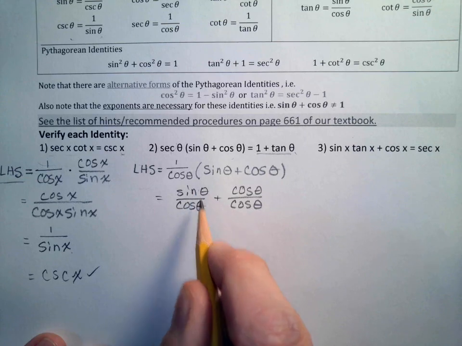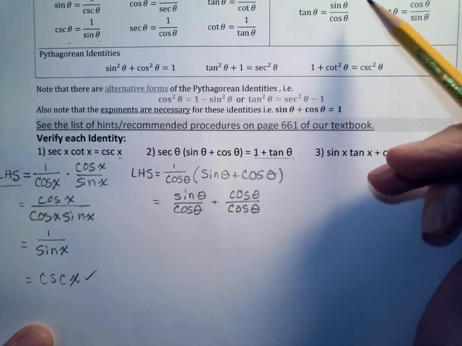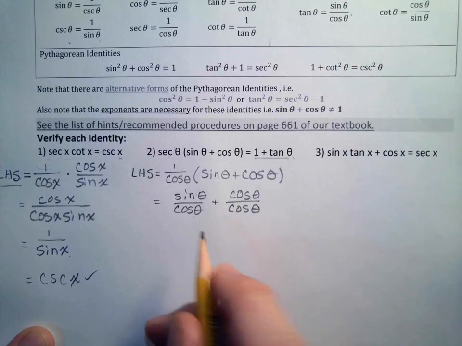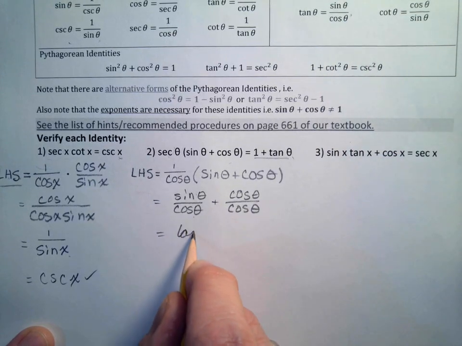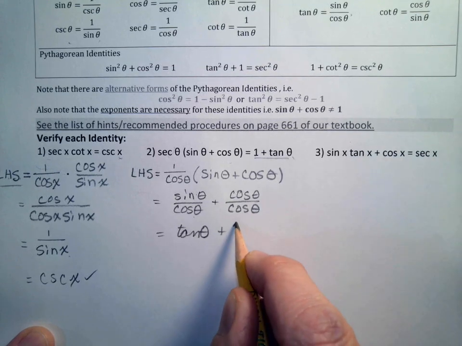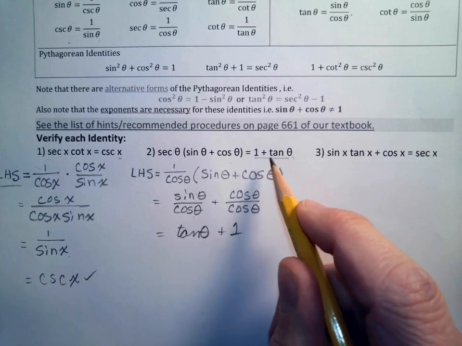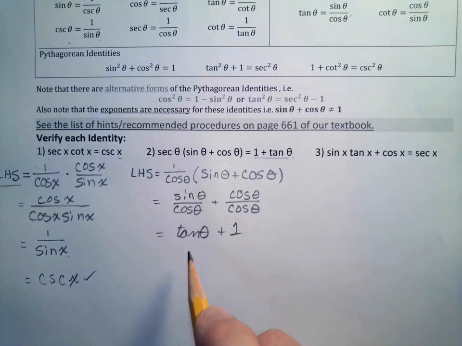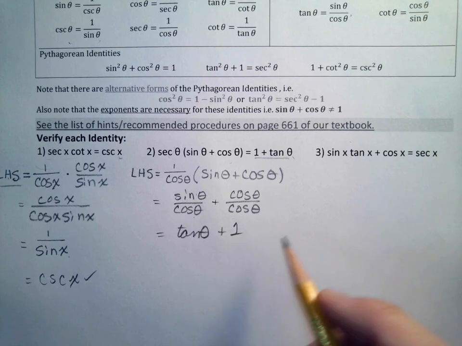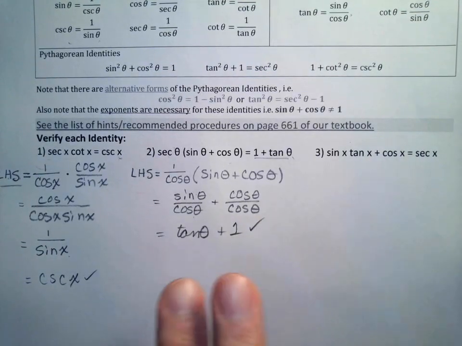All right, so sine theta over cosine theta is tangent theta. So I can replace that with tangent theta, and then cosine theta over cosine theta is just 1. And so that is the right-hand side. Yes, it says 1 plus tangent theta, and I wrote it as tangent theta plus 1. That doesn't matter. So we know that that is the same.